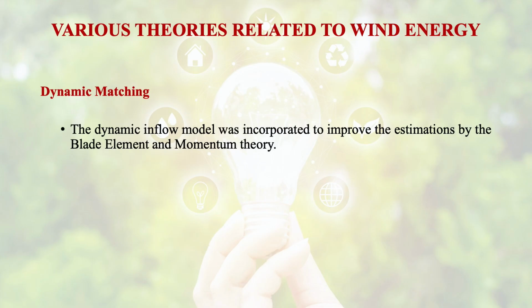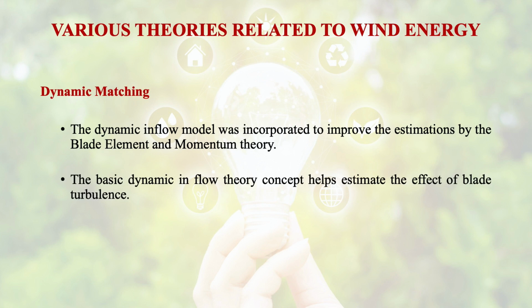Then another theory is dynamic inflow. The dynamic inflow model was incorporated to improve the estimations by the blade element momentum theory. The basic dynamic inflow theory concepts help us to estimate the effect of blade turbulence as well.